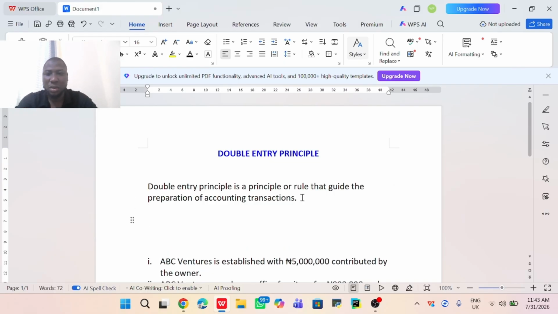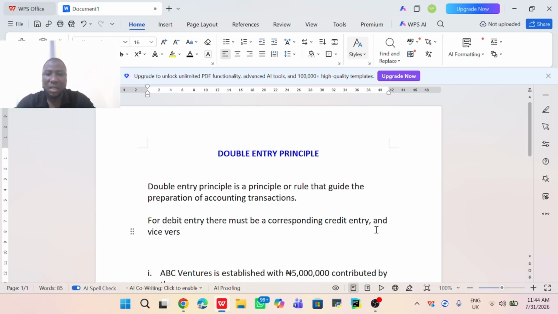So what is the principle itself? What does the principle say? The principle says that for every debit entry, there must be a corresponding credit entry, and vice versa.